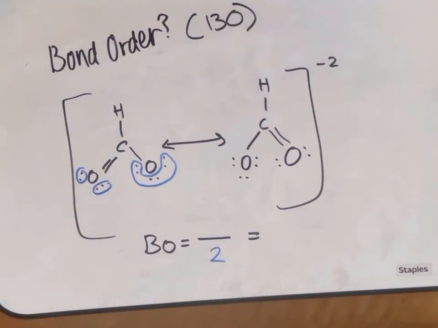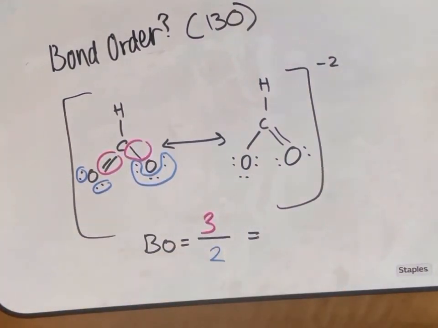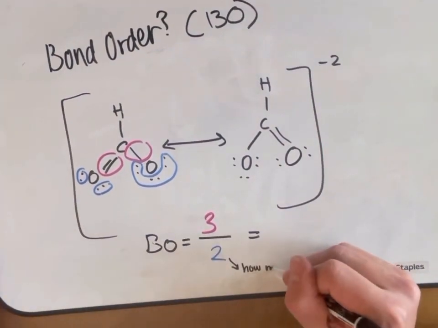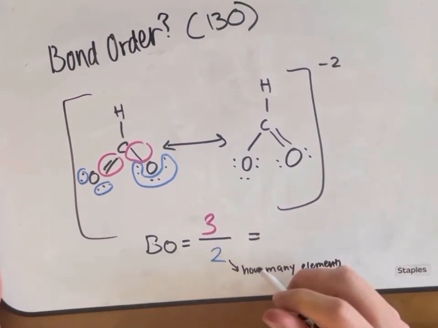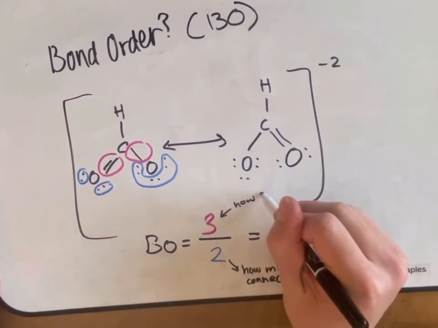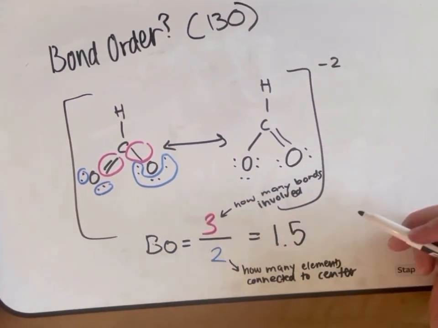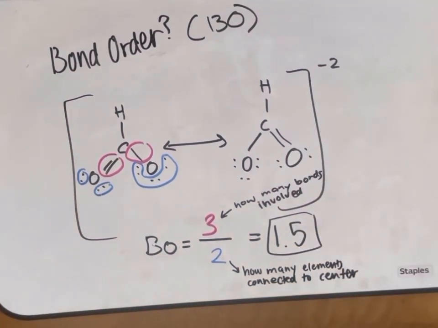There are 2 groups: there are unbonded electrons on O and another O, so that's 2. And then there are 3 bonds that are connected to C, the middle atom. So 2 represents how many elements are connected to the center, and 3 represents how many bonds are connected to the center. So therefore, our bond order is 1.5.